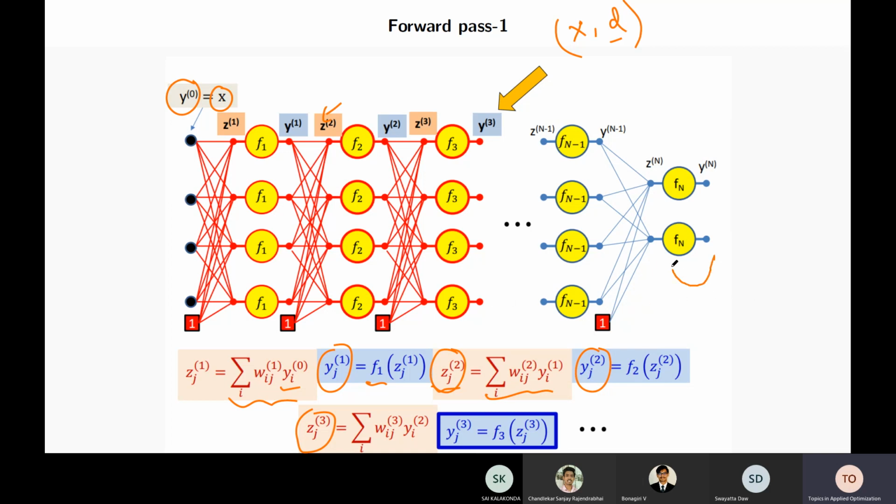Because of the chain rule: we have a derivative with respect to z, a derivative with respect to y, a derivative with respect to z, and so on. These intermediate values that you have computed, z2, y2, all of these are useful in computing the derivative. We will see this.